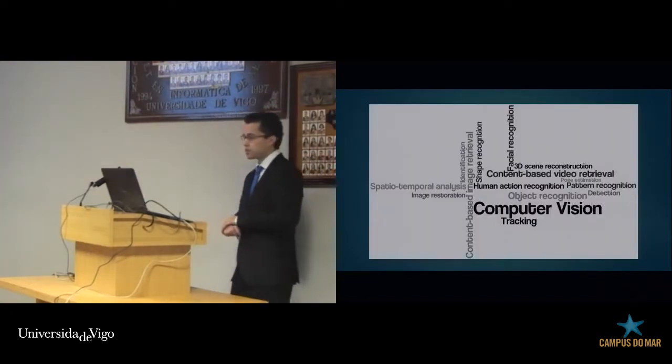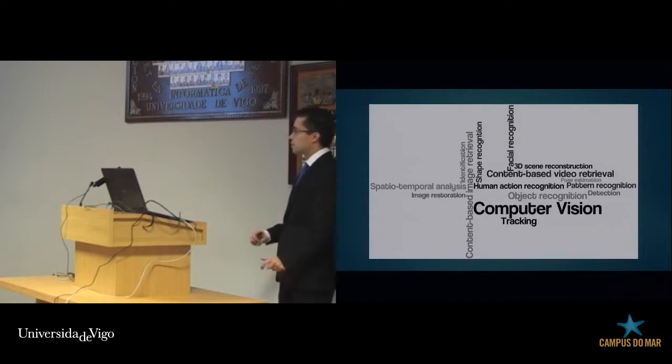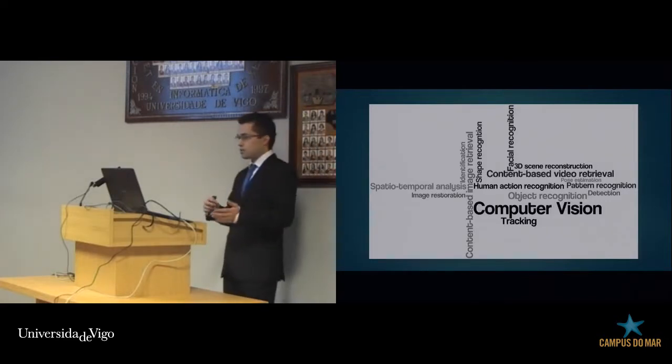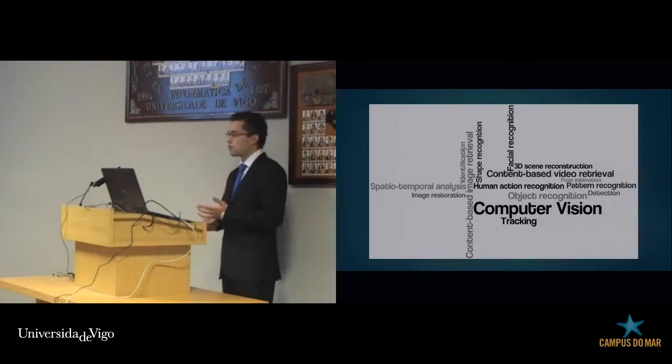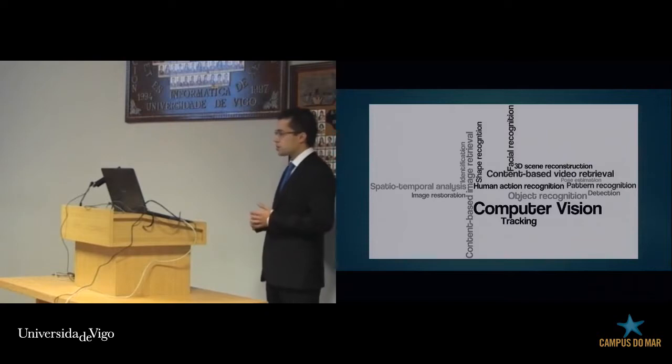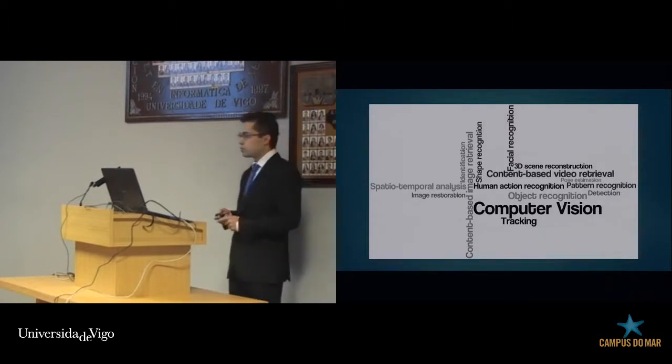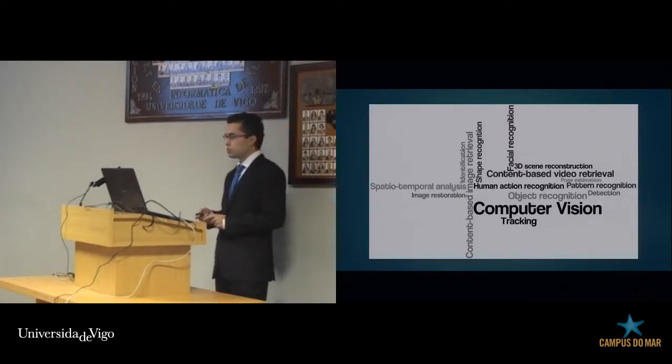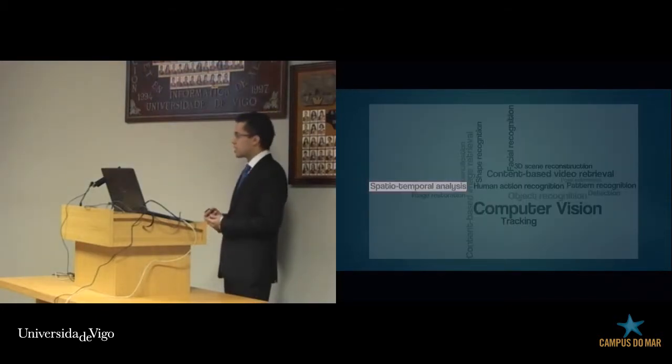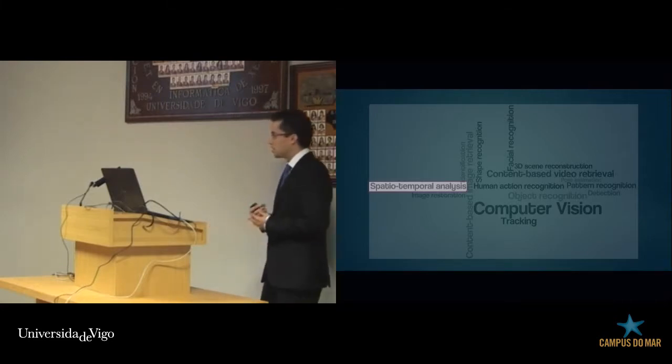Computer vision is a very wide field that includes a lot of different tasks or small areas, like 3D scene reconstruction, facial recognition, object recognition, tracking, and motion analysis, for example. But we are going to work in only one small area that is a hard problem, that is spatio-temporal analysis. This is the important thing in my thesis.